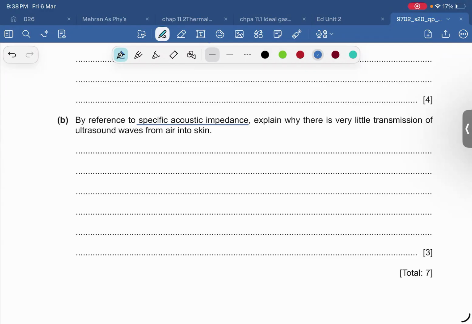This is what the specific acoustic impedance means, and it has a formula: Z = ρc, where Z is the specific acoustic impedance, ρ is the density of the medium, and c is the speed of the sound, not light, in that medium.